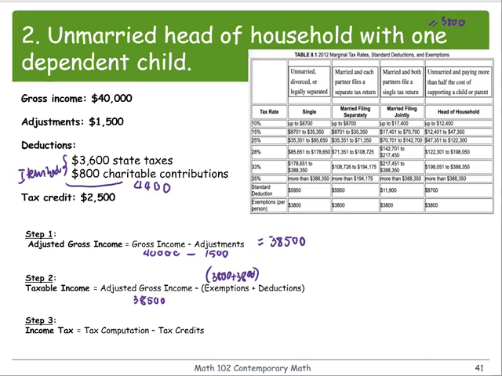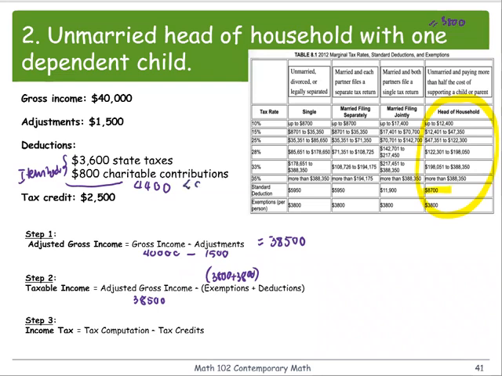If we compare with the standard deduction for the column of the head of household, which is this column, the deduction is 8,700.